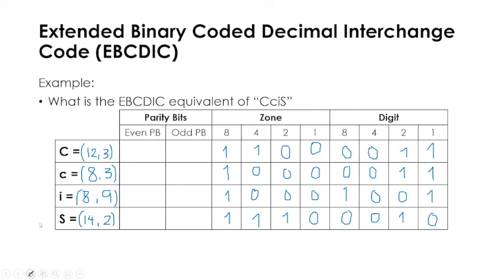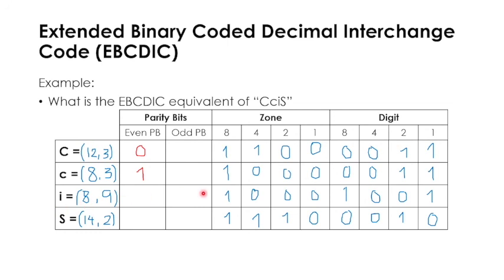And just like in the ASCII code, we have parity bits. First, let's determine the even parity bit by again counting the presence of ones. So for capital letter C, we have 1, 2, 3, and 4. So the even parity bit will be 0. And for the small letter C, we have 1, 2, and 3. Therefore, our even parity bit will be 1 to make it even.